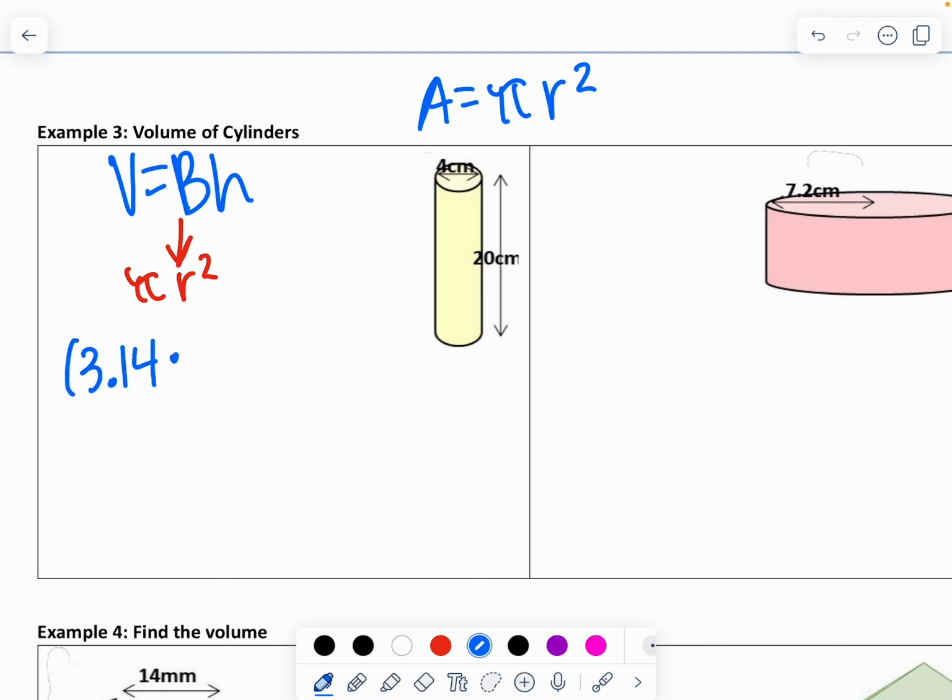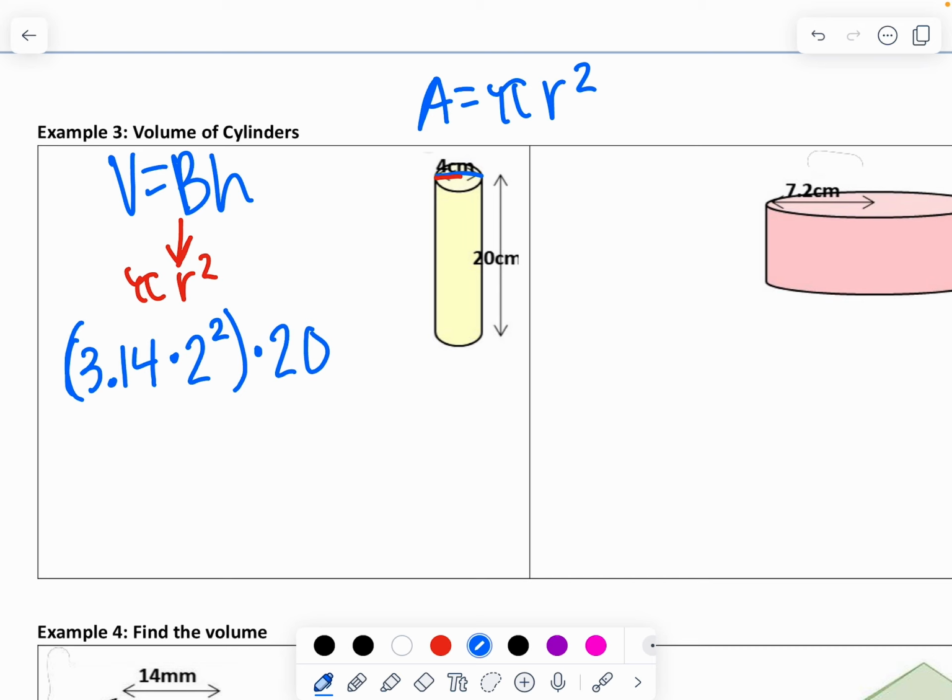And then I have to find my radius. Looking at this 4, that's my diameter because it goes all the way across. Remember, radius, we want it to just go halfway. So we have to find half of 4, which is 2. So we'd get 3.14 times 2 squared. That's how we find the area of the base. And then you have to multiply it by the height, which is 20. So that would be what we solve.